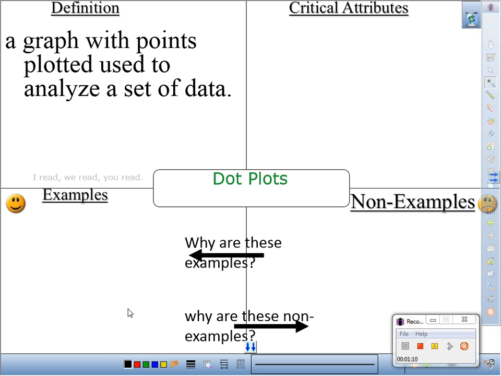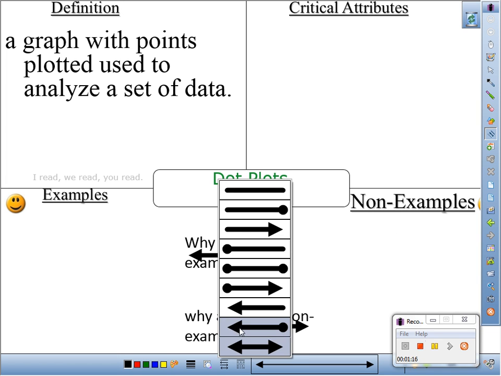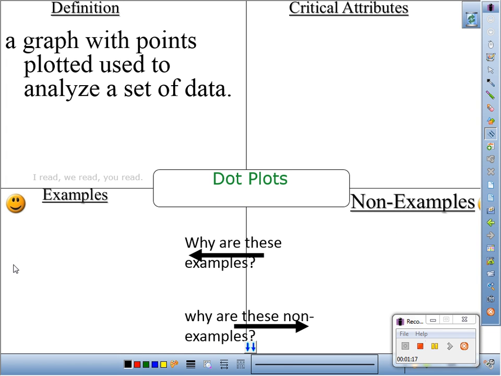Focus, please. So, for example, here we go. And I'm going to title this set of data, scores on a party.